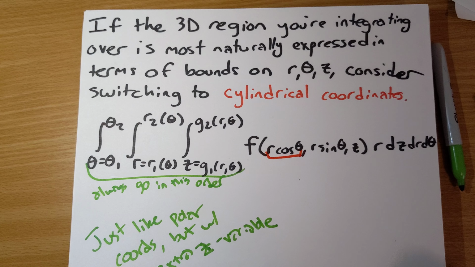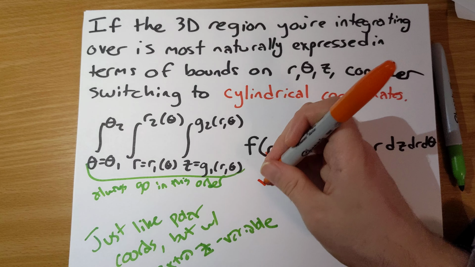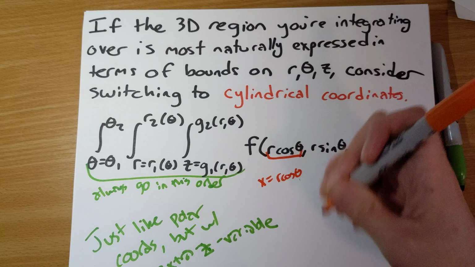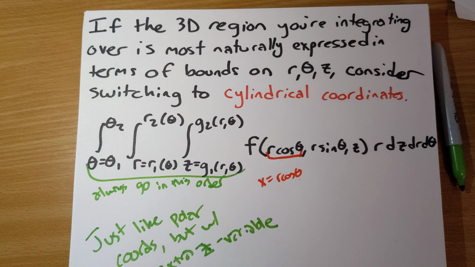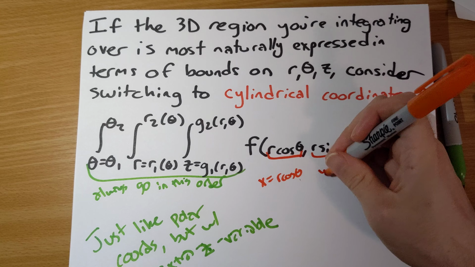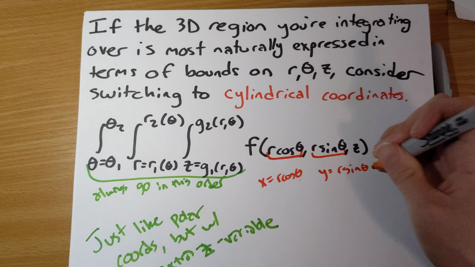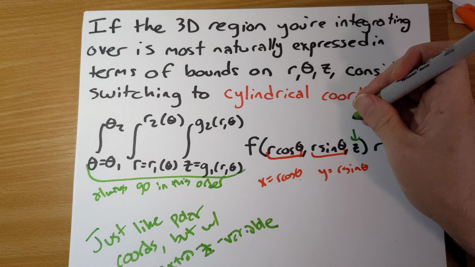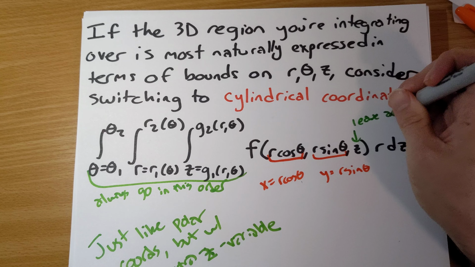Okay, what else do we see in here? X is r cosine theta. So in your integrand, if you have an x, you replace it with r cosine theta. If you have a y, you replace y with r sine theta, and then you leave any z's alone.